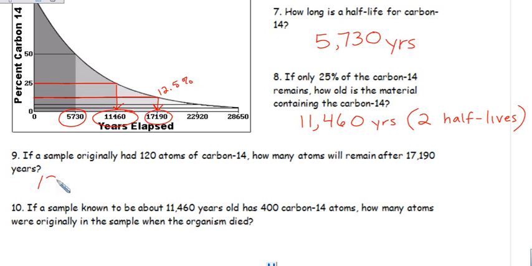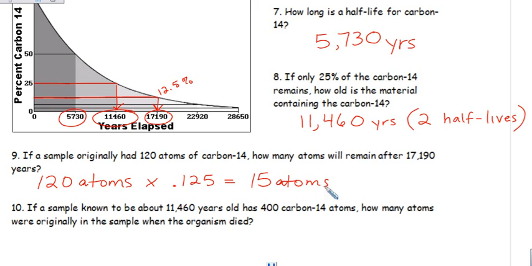You could take your 120 atoms and you could multiply by 12.5% or 0.125. I plug that in my calculator. I get 15 atoms. There's one option.